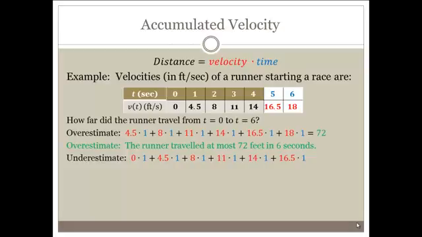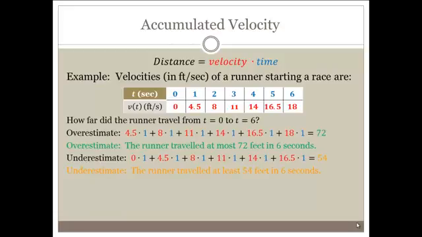So in total, we estimated that the runner traveled 0 feet in the first time interval, 4.5 feet in the next time interval, 8 feet in the third time interval, then 11 feet in the next time interval, 14 feet in the next, and finally 16.5 feet in the last time interval, for a total of 54 feet. So our underestimate is that the runner traveled at least 54 feet in the 6 seconds.